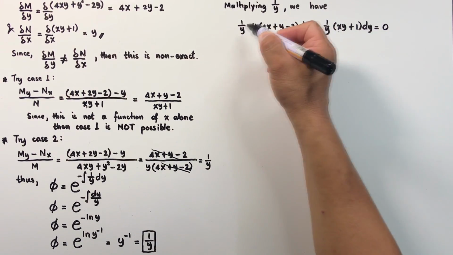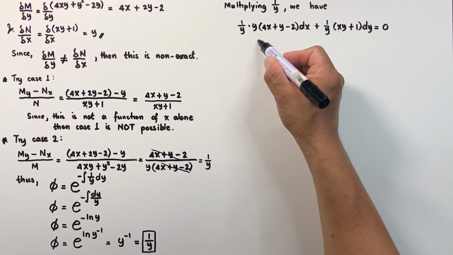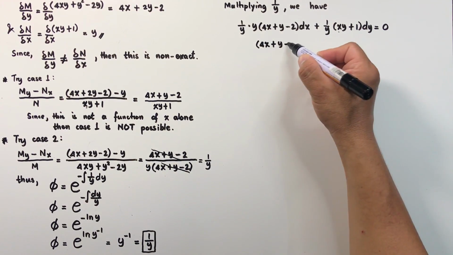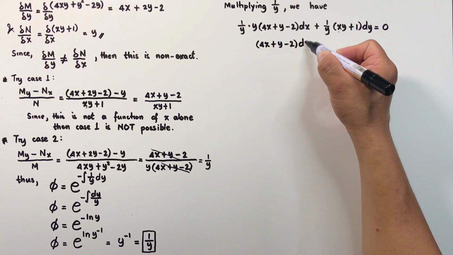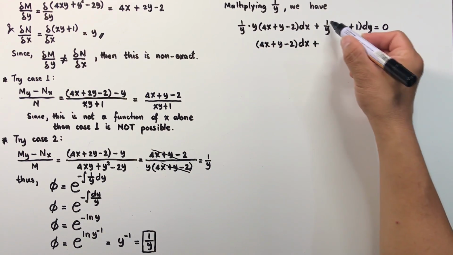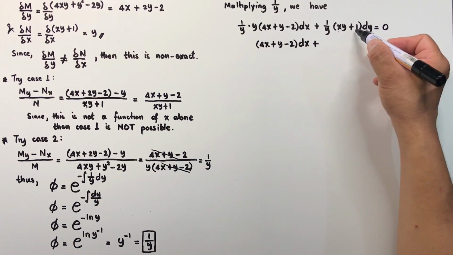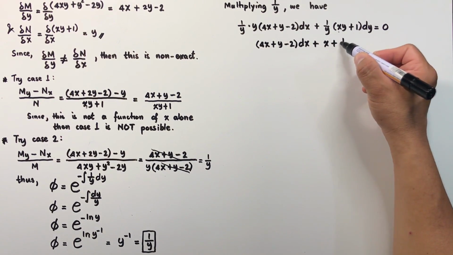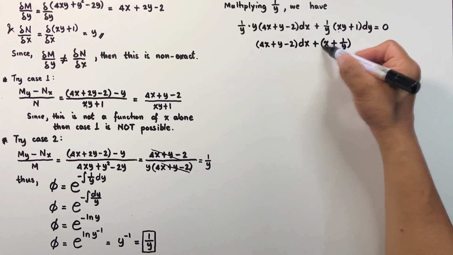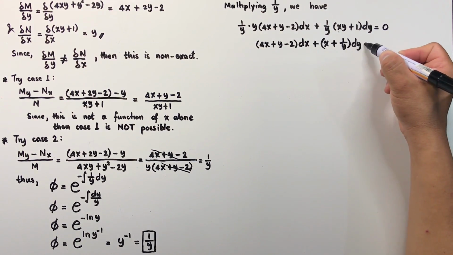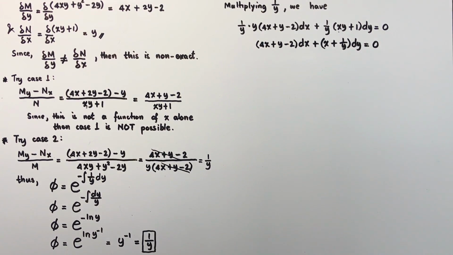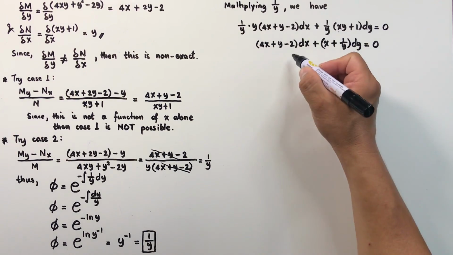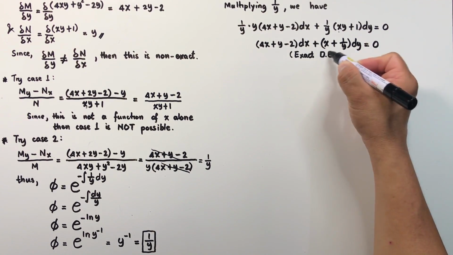And multiplying this 1 over y to this y here, we have (4x plus y minus 2) dx. And when we distribute this 1 over y to this binomial here, we have (x plus 1 over y) dy, and the sum is equal to 0. And you can check that this resulting differential equation is now an exact differential equation.